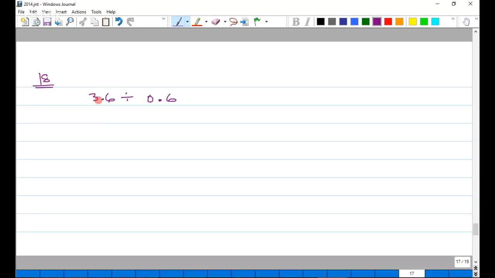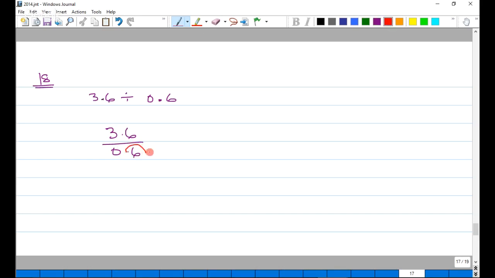So we have 3.6 divided by 0.6. If we're dividing by a decimal, we want to make sure that the divisor is a whole number. So 3.6 over 0.6.